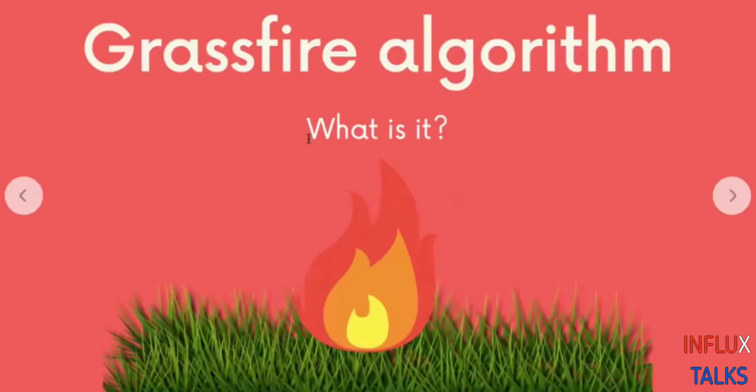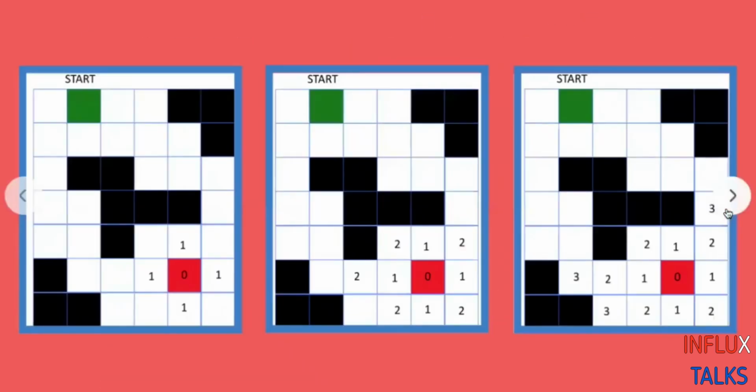So what is the Grassfire algorithm? As you can see in the first image, we start off with the ending node with a value of 0. On every iteration, we find all the unmarked nodes adjacent to the marked nodes and mark them with a distance value of +1.